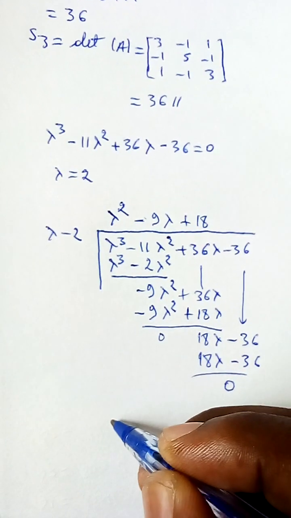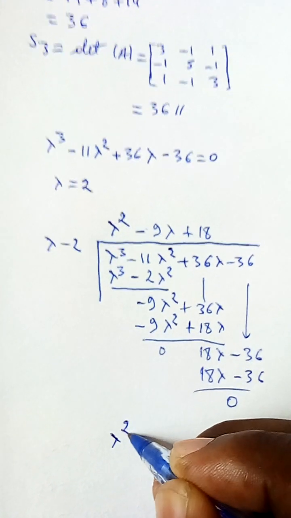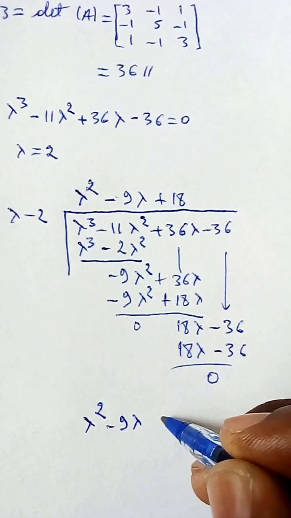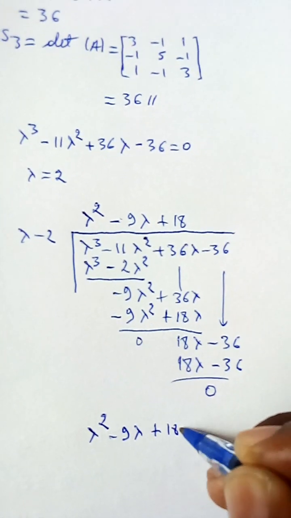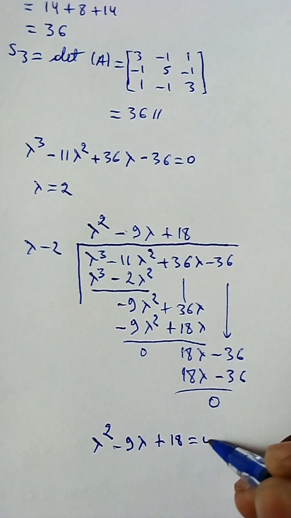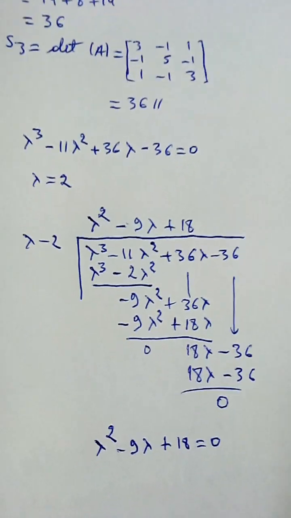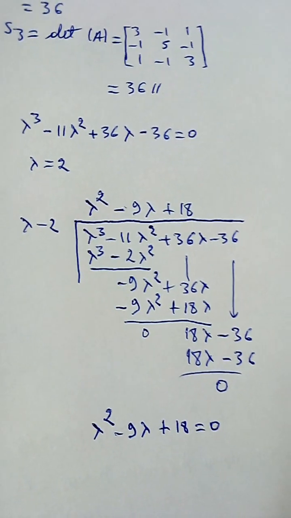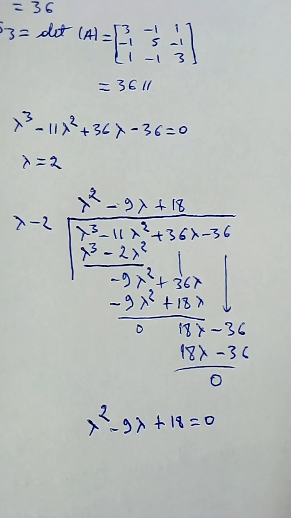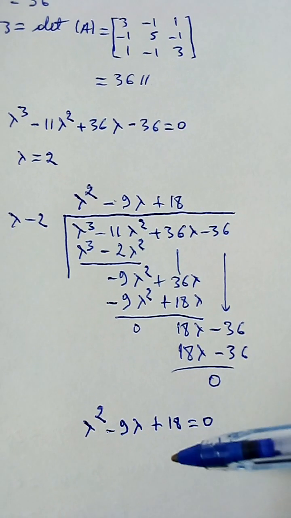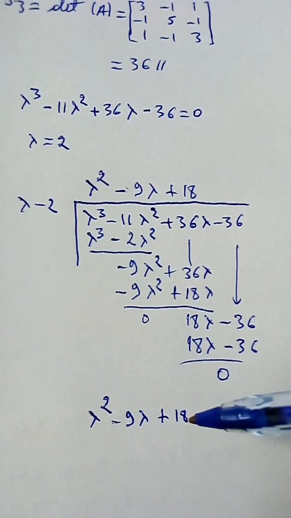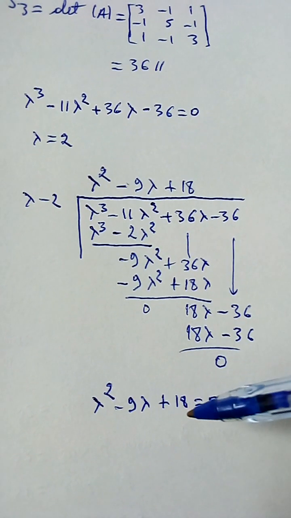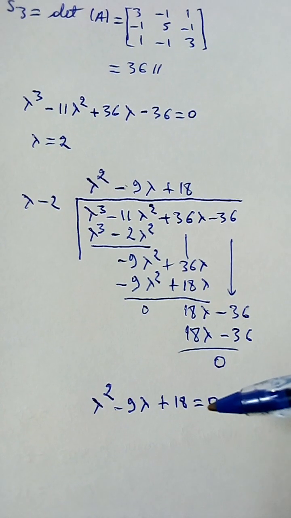Here we have lambda square minus 9 lambda plus 18 is equal to 0. So here we are looking for two numbers whose sum will give you minus 9 and whose product will give you 18.